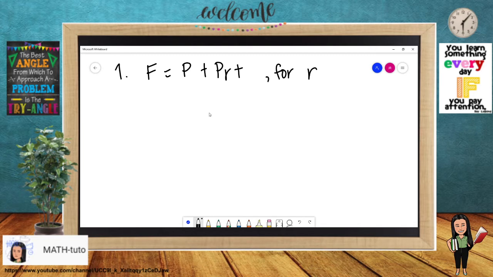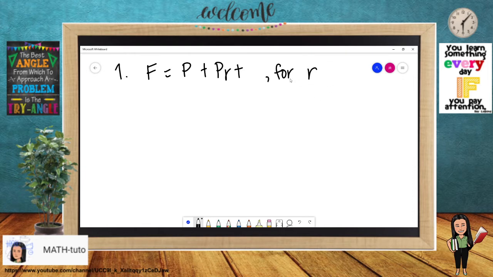When solving literal equations, we put the variables on one side and the real numbers on the other side. But since this consists of variables and no constant, we just isolate the term with the specific variable that we are looking for.